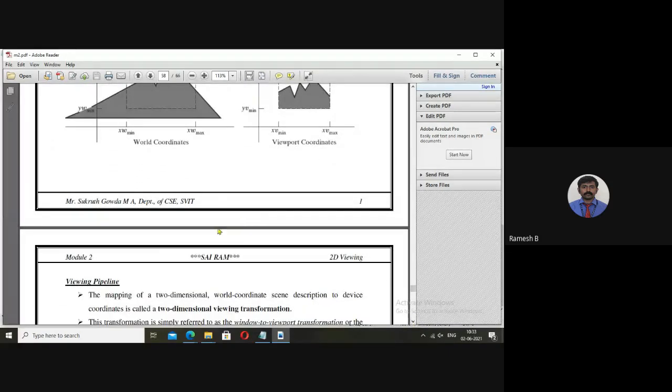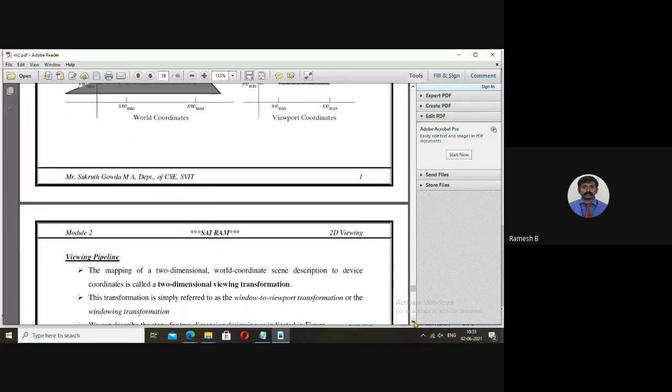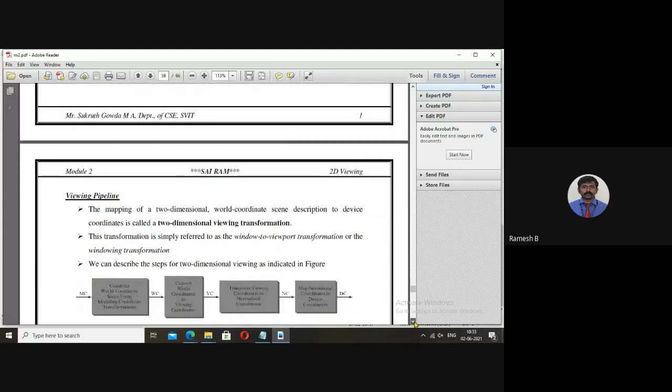Now, how will that clipping be performed? You can see modeling coordinates here. We provide modeling coordinates to the pipeline, and they are converted into WC, which stands for world coordinates.